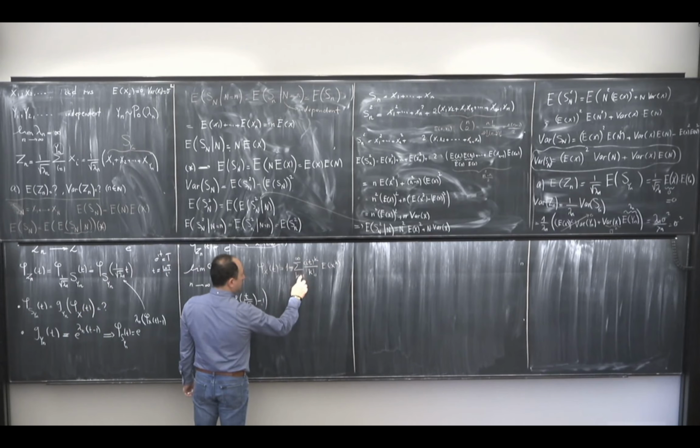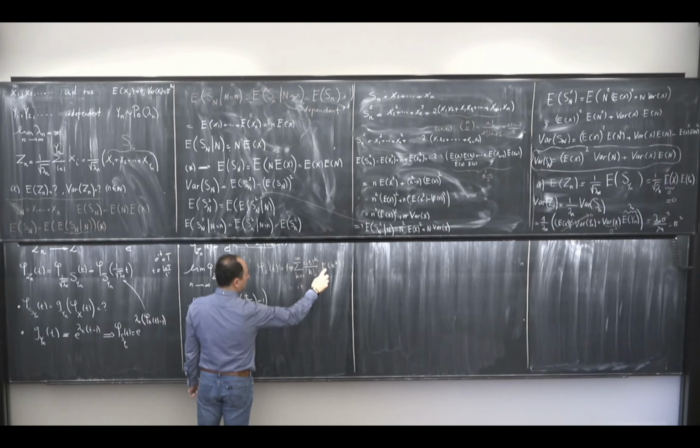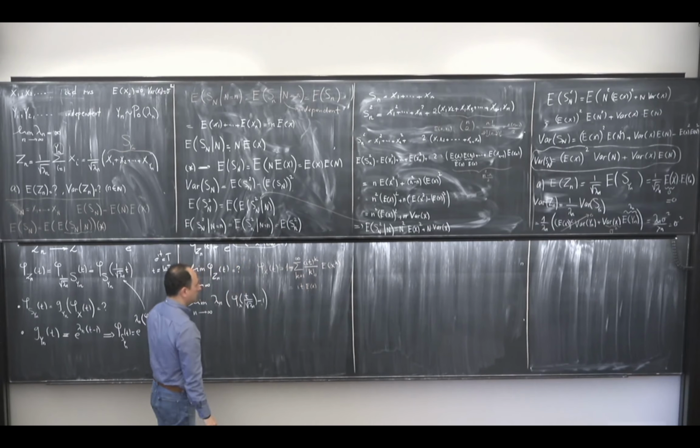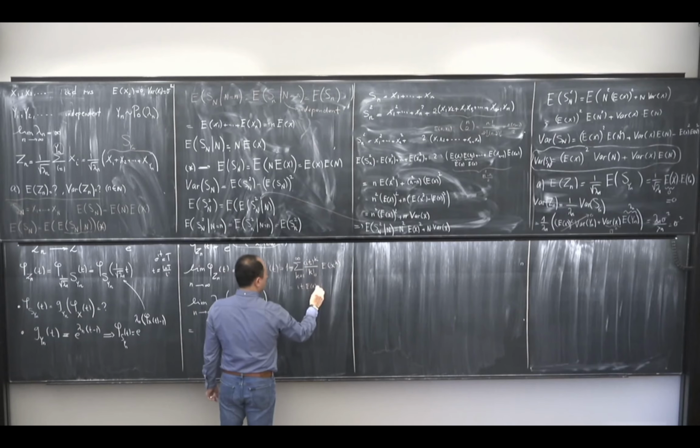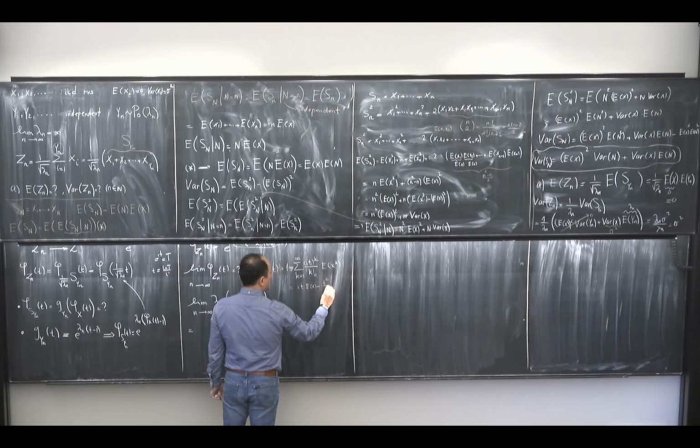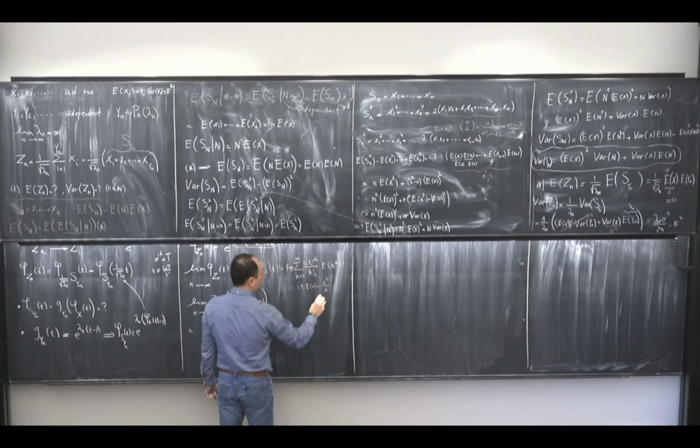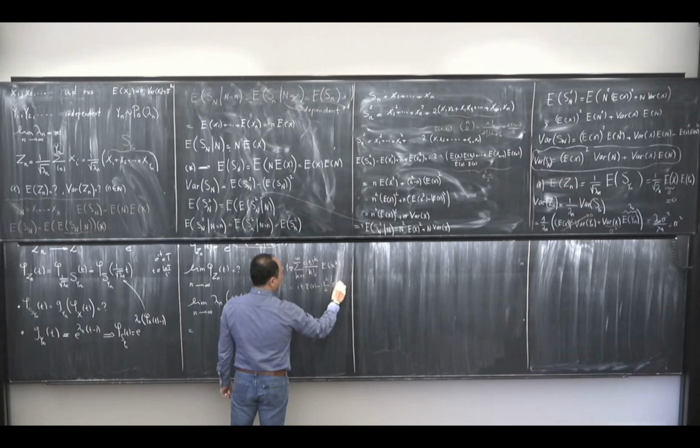The first one, if k is 1, it becomes i t and e of x. Yes? And then if I put 2, it becomes minus t squared over 2 factorial, which is 2, and then you have e of x squared.